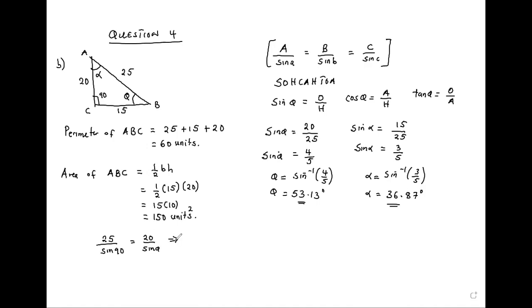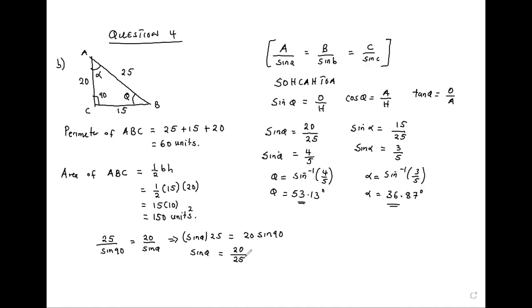We cross multiply, so we have sine theta multiplied by 25 is equal to 20 sine 90. Sine 90 is 1, so sine theta is 20 over 25.